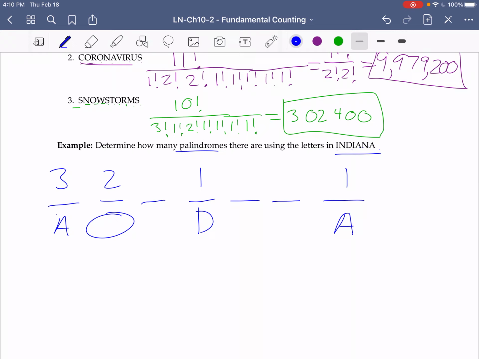Let's say we have selected an N. Then back here we also have to have chosen an N, and that leaves just one choice for each of those remaining letters. So the number of palindromes using the letters in Indiana is just 6.